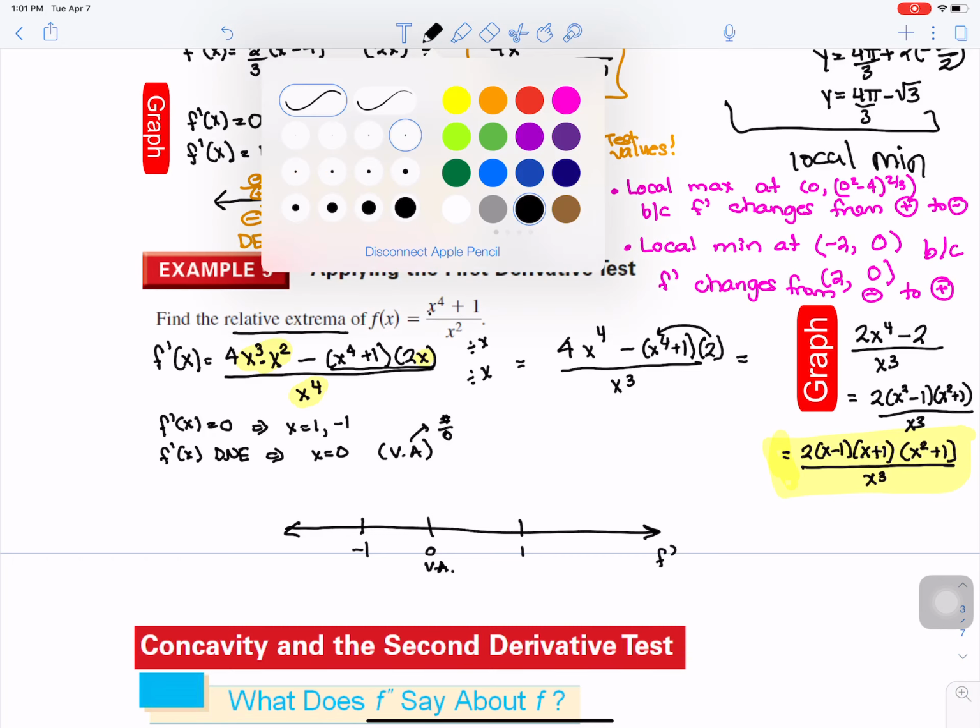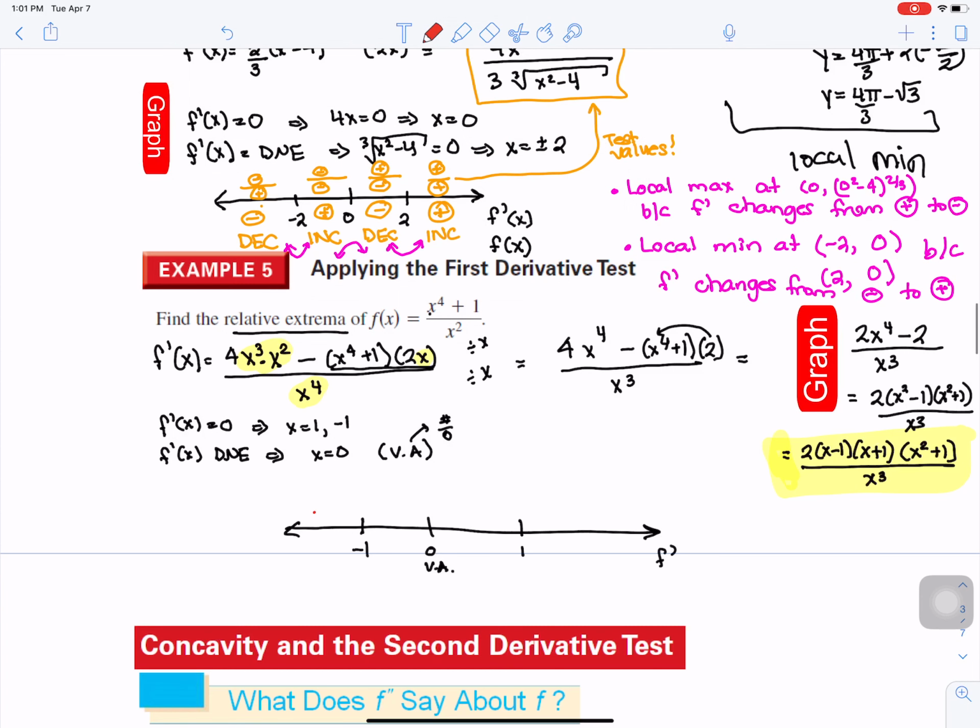So we're going to take values and sub them in. So I'm going to take x is equal to minus 2, sub it into my simplified derivative. Negative 2 minus 1 is negative, negative 2 plus 1 is negative, negative 2 squared plus 1 is positive, divided by a negative. The overall result is negative for the derivative.